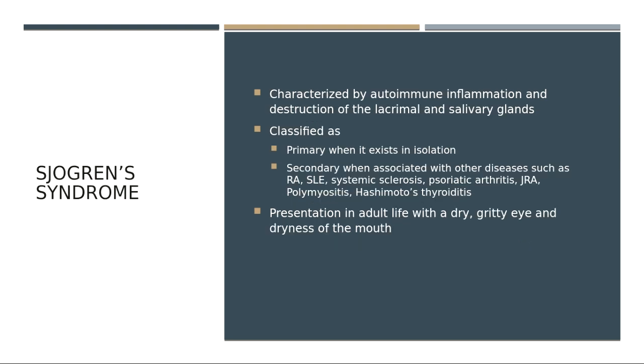And just to mention Sjogren's syndrome, where you have autoimmune inflammation and the destruction of the lacrimal and salivary glands. It's primary when it exists in isolation, but it's classified as secondary when associated with other diseases such as rheumatoid arthritis, SLE, psoriatic arthritis, JRA, Hashimoto's thyroiditis, and usually presents in adult life with a dry, gritty eye and dryness of the mouth.